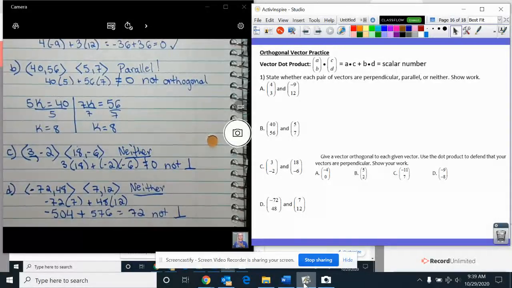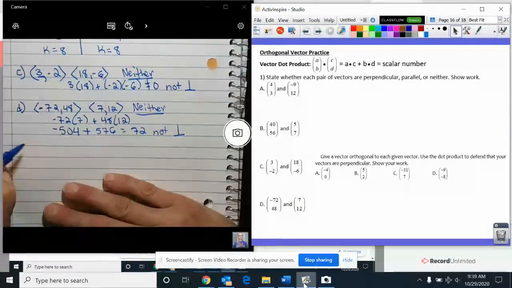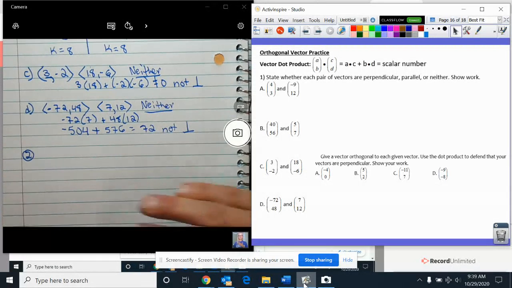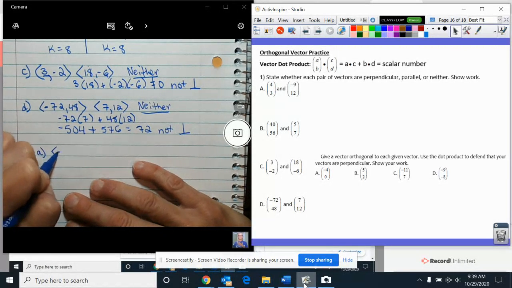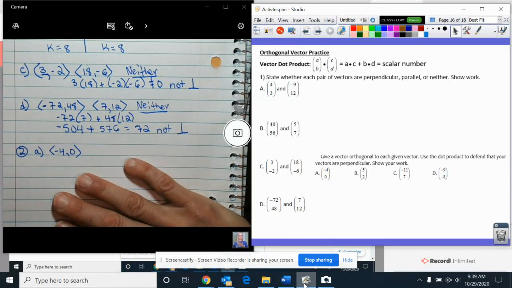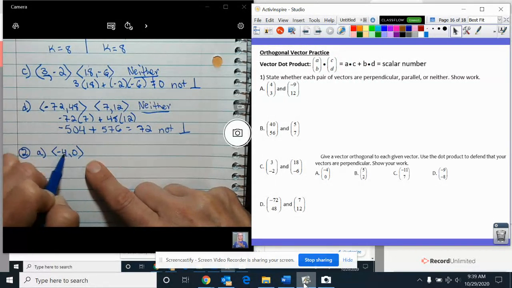Now in this last example, we need to think of vectors that are orthogonal to the given vectors. If we look at A, we have negative 4 and 0. What we want is two numbers that, when we multiply and add, equal 0.